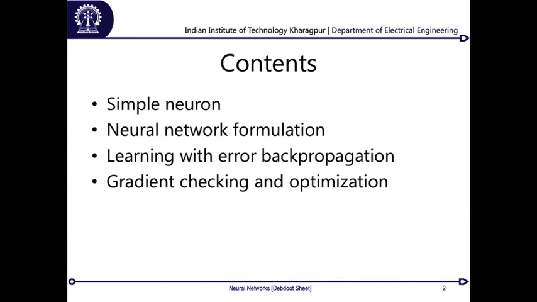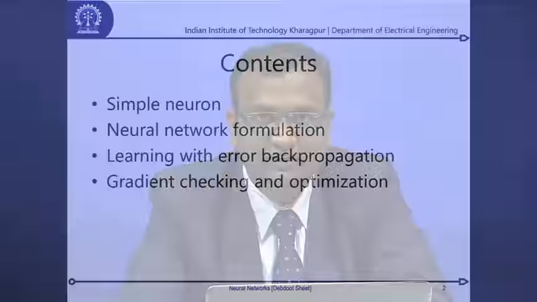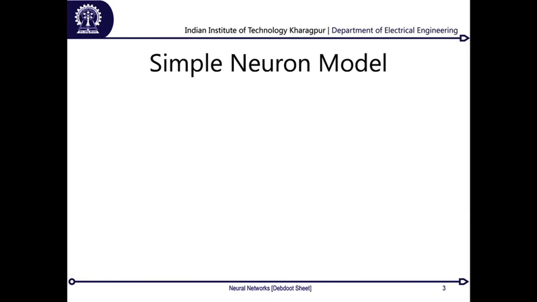There are different ways in which this error is backpropagated and how things are optimized, and then we have gradient checking and optimization, which gives the criteria for when to stop and the final configuration of a neural network where it gives you the best classification or regression performance. So without much delay, let's start with how we define a simple neural model.